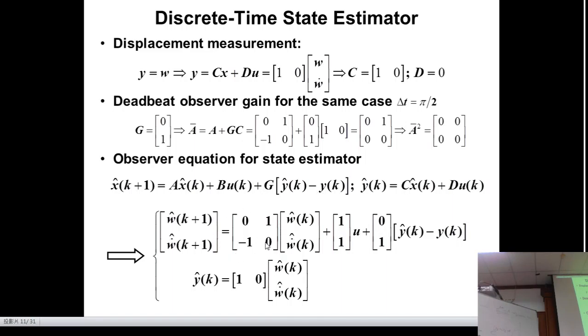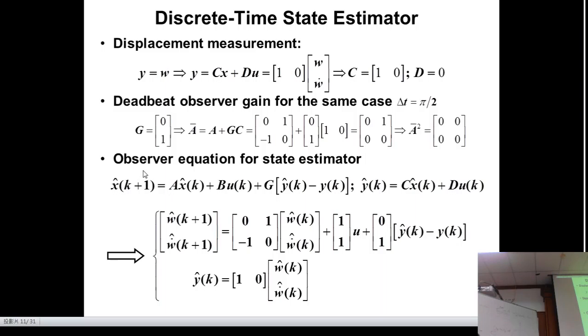This A is 0, 1, minus 1, 0, and 1, 1 is my B matrix, 1, 1 U, plus 0, 1, that's my gain G here, times Y hat K minus YK. I know that you already did some homework, and also proved that this estimated state will converge to the true state regardless of what initial condition you assign to it. All right, and that's true.